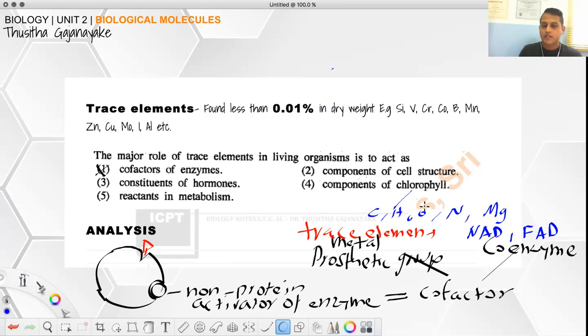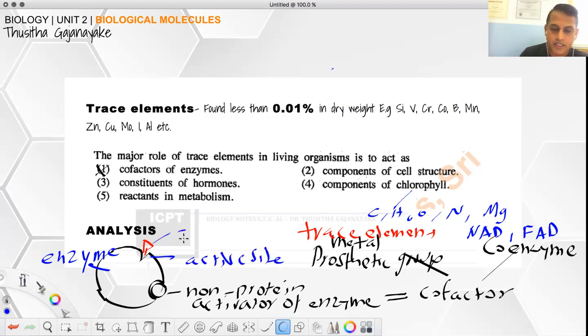So you can write under analysis, this is the enzyme, this site is called the active site, and the red colored one is a substrate. And this one is the site for cofactor, right?